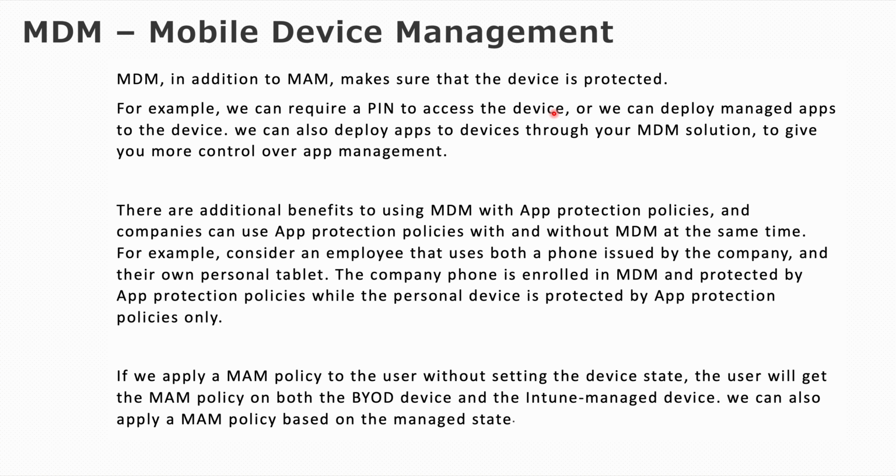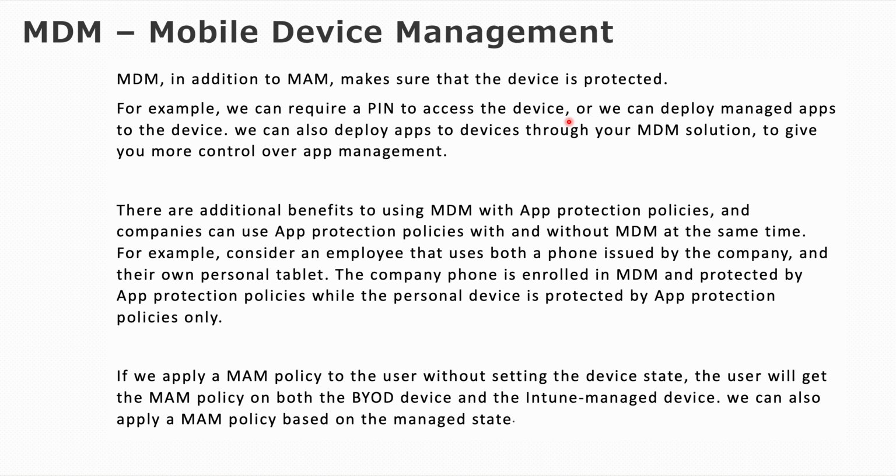Now let's understand MDM. In addition to MAM, when you talk about MDM, it means the device is fully protected. For example, we can require a PIN to access the device. We can deploy managed applications to the devices because the device is fully managed.